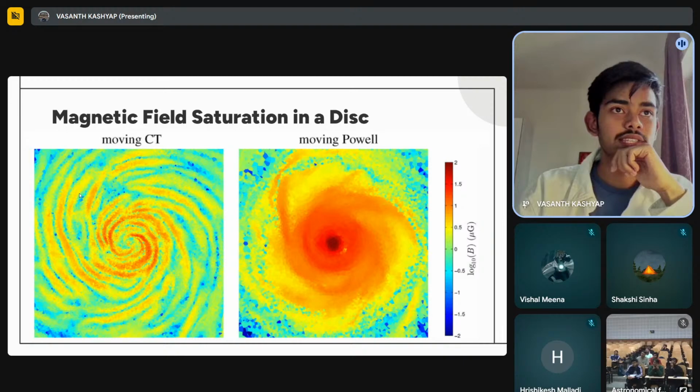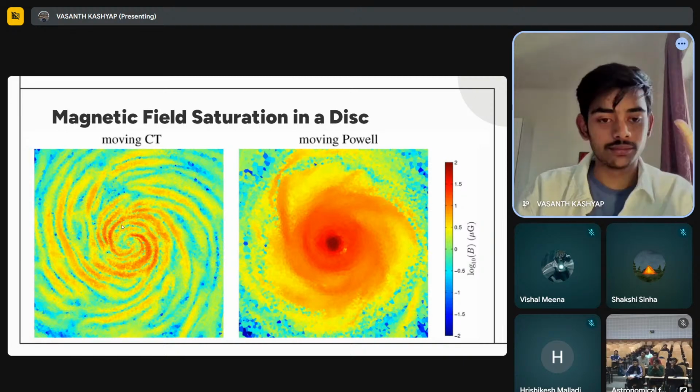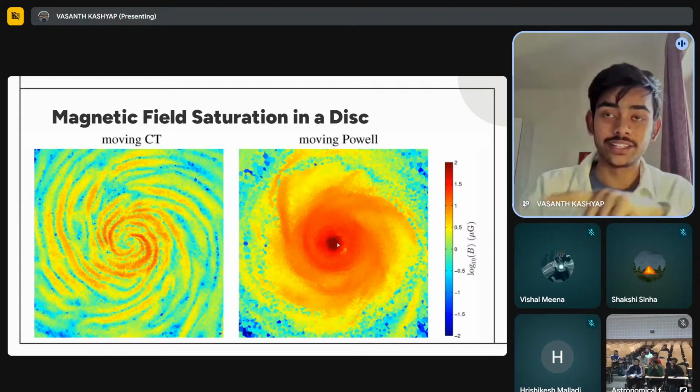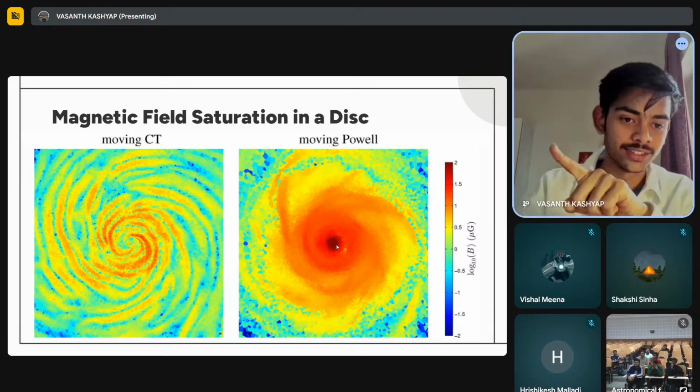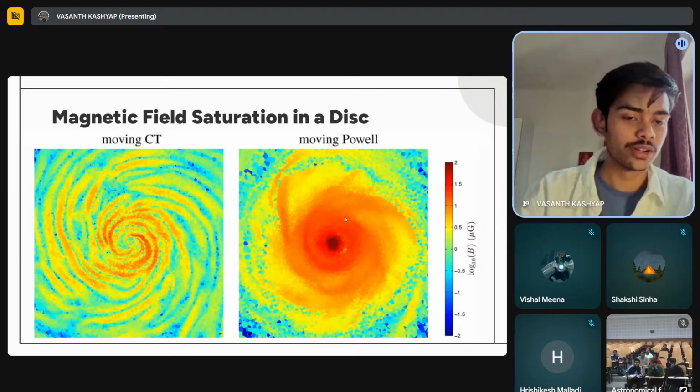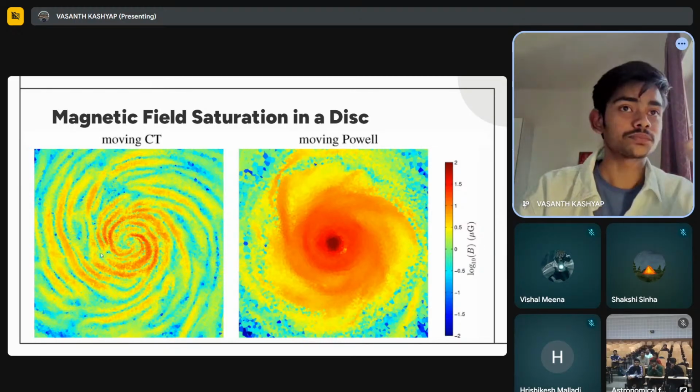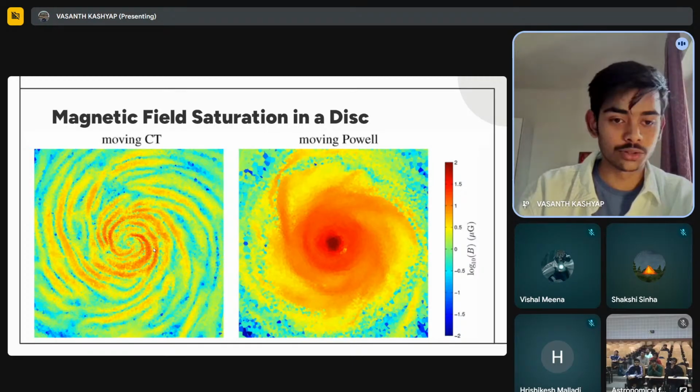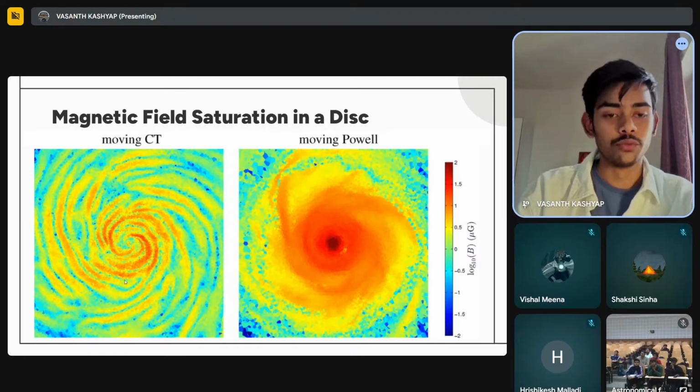As you can see here, the magnetic field is in a very spiral pattern. But if you look at the right, the magnetic field is very high because of monopoles, and it is everywhere. It does not have any structure. It's basically like a mush. When I was in Niger, I was working with Dr. Tuhin Ghosh and Luke Shamendi, where we were looking at galaxies and their magnetic field.